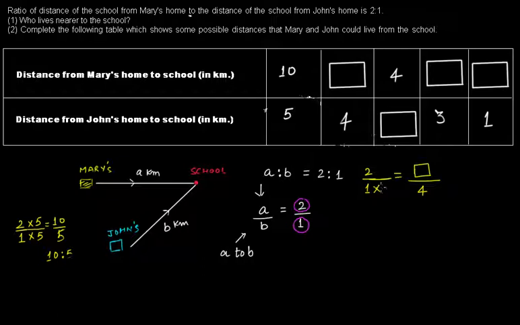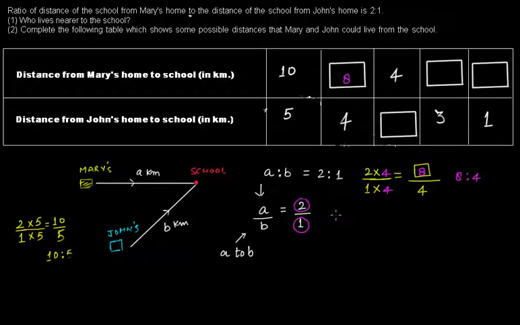You will say that 1 times 4 is 4. Now since this is nothing else but an equivalent ratio of this one, we'll have to multiply the 2 also with 4. So 2 times 4 will be 8. So this is 8:4, and this number will be 8.